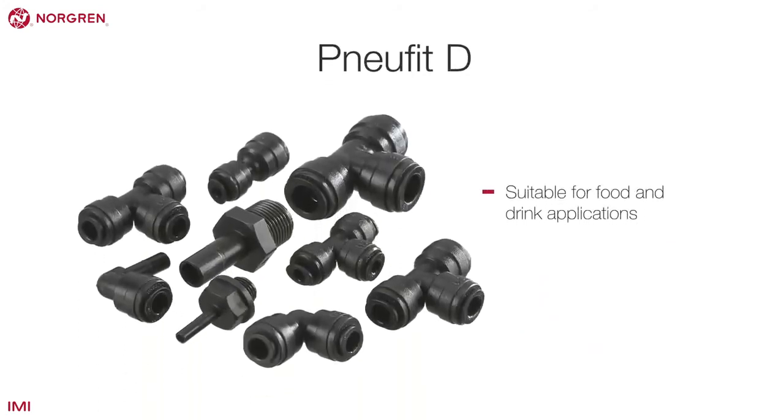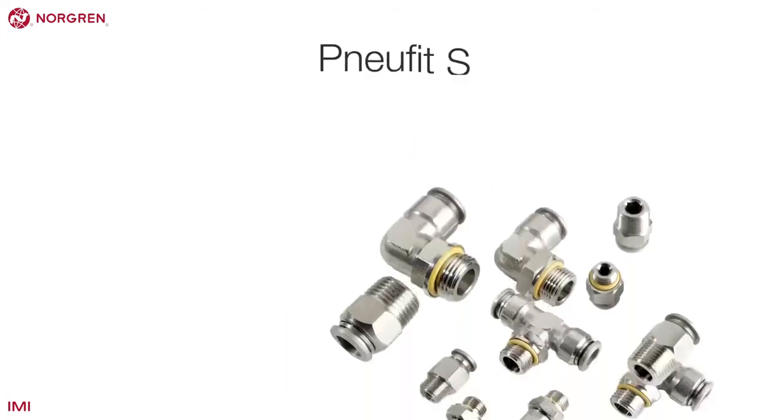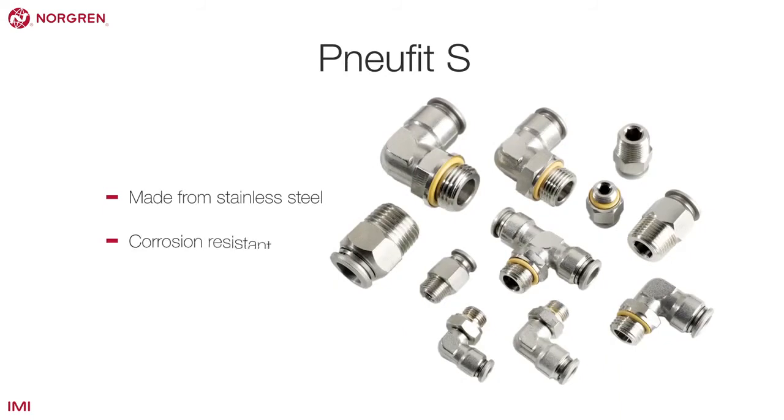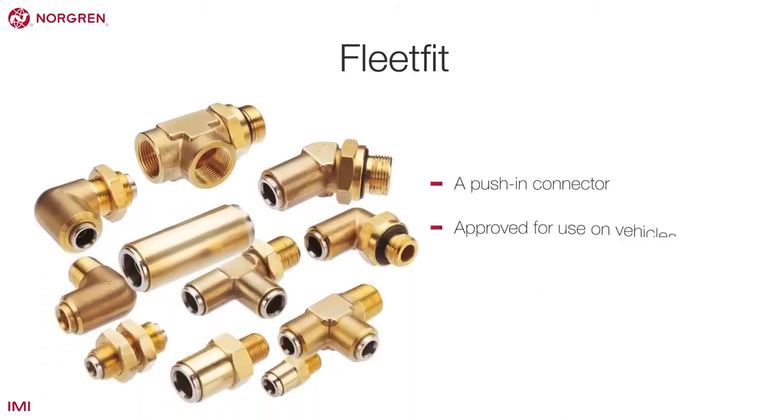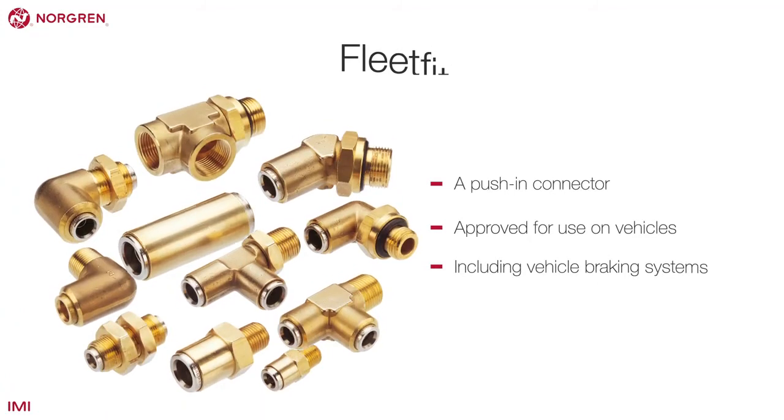There are other push-in fittings in the Norgren range, including NewFit D, suitable for food and drink applications, and NewFit S, made from stainless steel, making it corrosion-resistant. FleetFit is a push-in connector approved for use on vehicles, including vehicle braking systems.